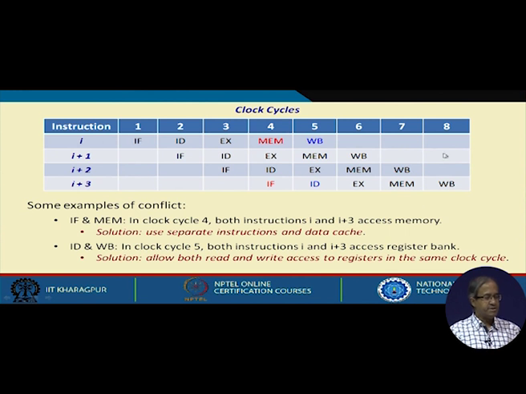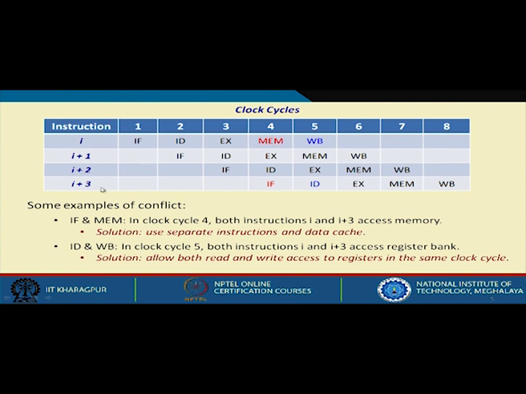Okay? Fine. Now, you can see that it is not that simple, there can be various kinds of conflicts. In this diagram I am showing two kinds of conflicts. First is between IF and MEM, which is shown in red. Suppose the first instruction was a load or store kind of instruction. Load and store means during the MEM stage it will be accessing memory, reading or writing some data.